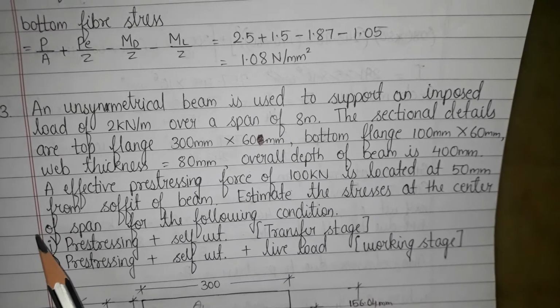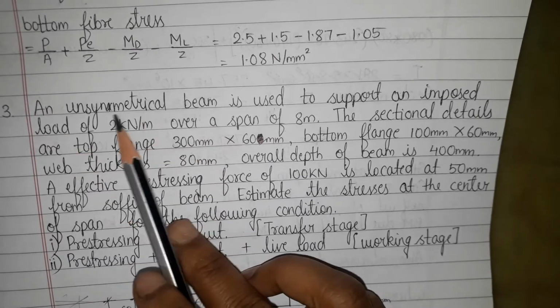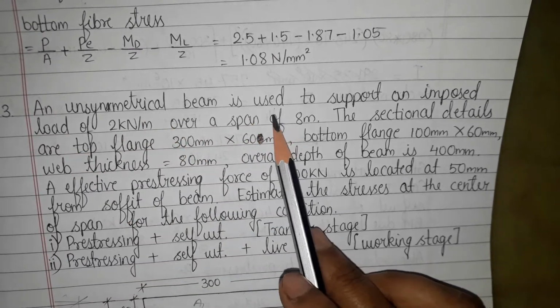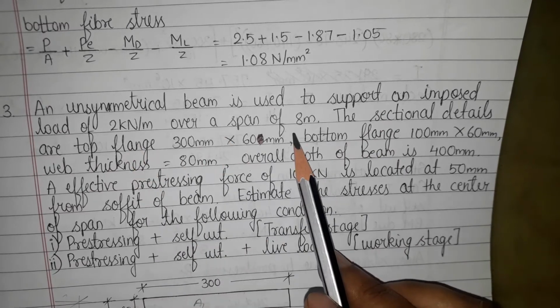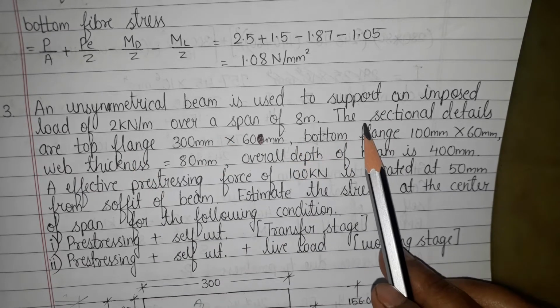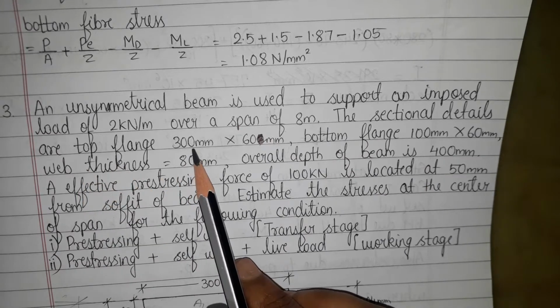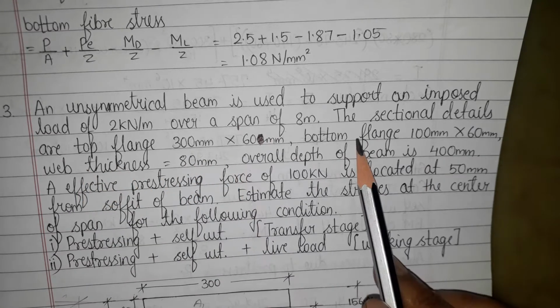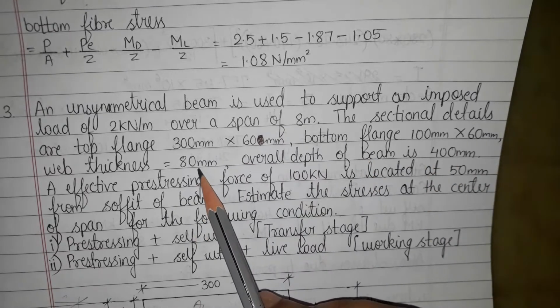The problem given is an unsymmetrical beam, which is used to support an imposed load of 2 kN per meter over a span of 8 meter. The sectional details are: the top flange is 300 mm by 60 mm, the bottom flange is 100 mm by 60 mm, and the web thickness is 80 mm.